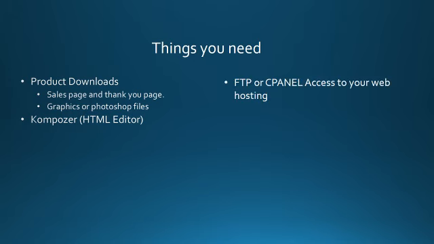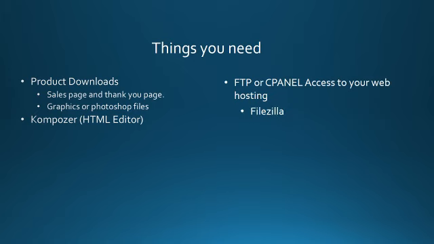Next, you're going to need to have FTP access, which is something that your web hosting company will give you. So assuming you have set up your domain and your web hosting, they should give you your username and password and the FTP information. So that should be given to you, and you should have that in hand.